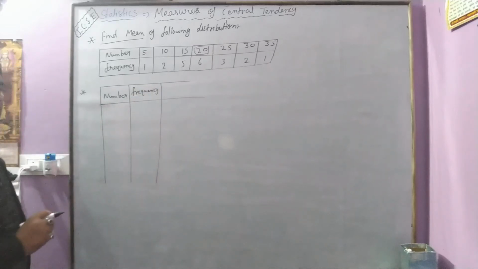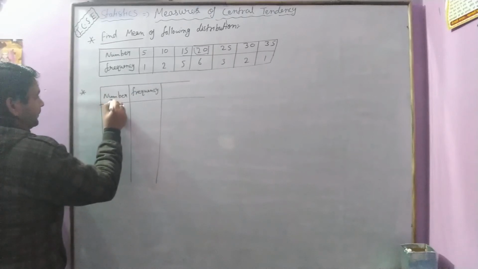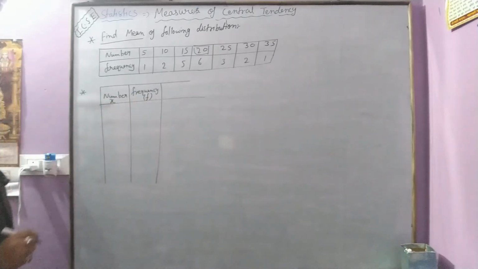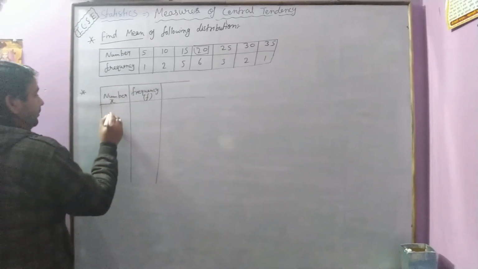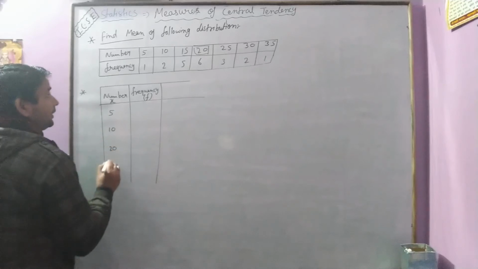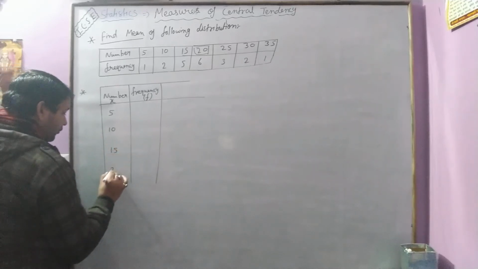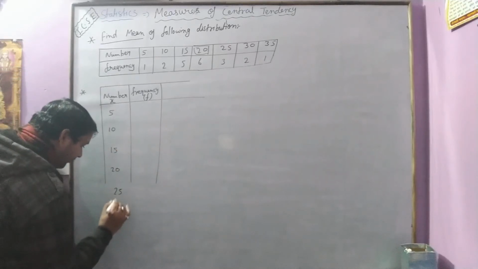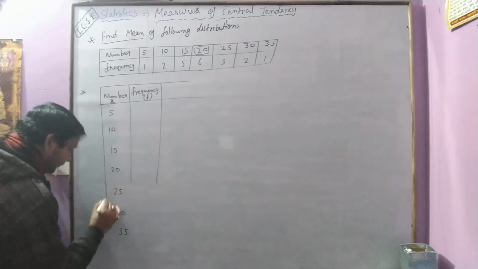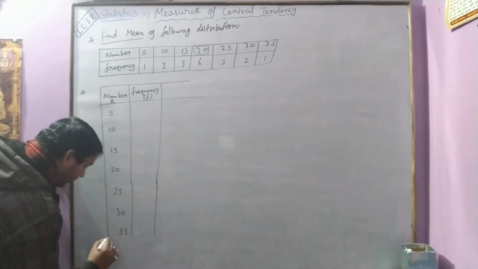Here students, always remember the number is the value of x and frequency is the value of f. Now numbers are 5, 10, 15, 20, 25, 30 and 35. These are the numbers.